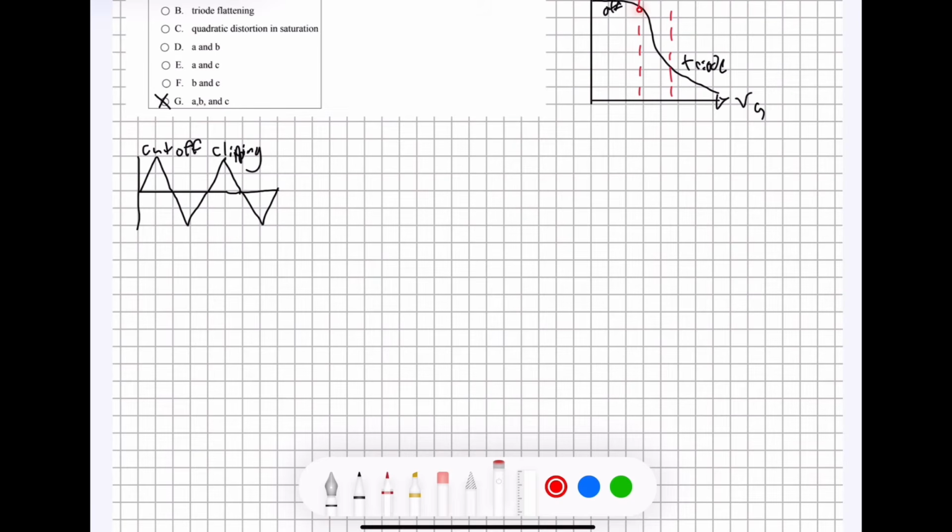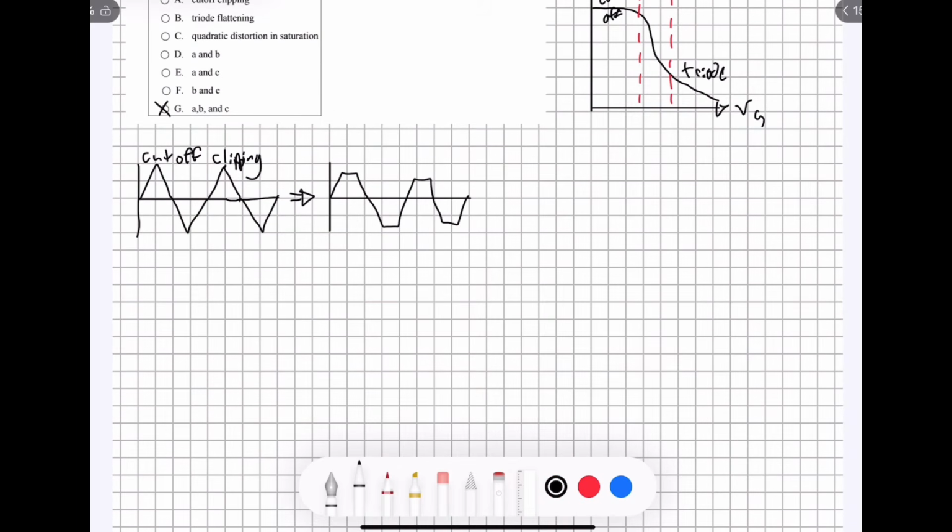If you're looking at a point that's really close to there, you're going to experience some distortion just based on the fact that you're so close to that cutoff region. And the distortion is going to look something like this when you view it on your waveform, where the very top of your waveform gets kind of cut off, and that's why they call it cutoff clipping. If you're taking ECE 2K7, you might have seen this in your labs. For certain circuits that you build, you might have seen or experienced cutoff clipping.